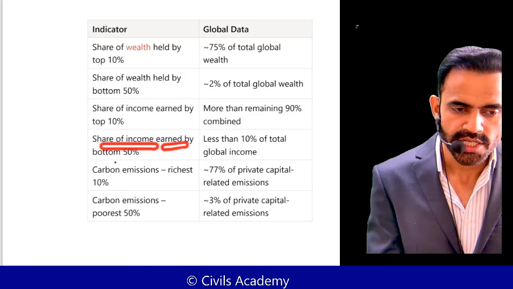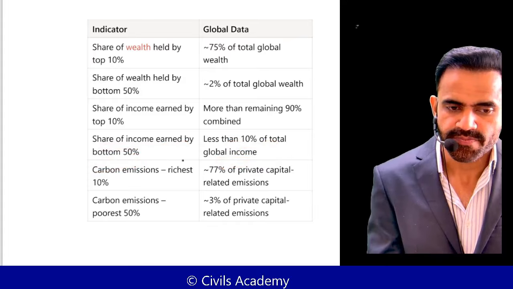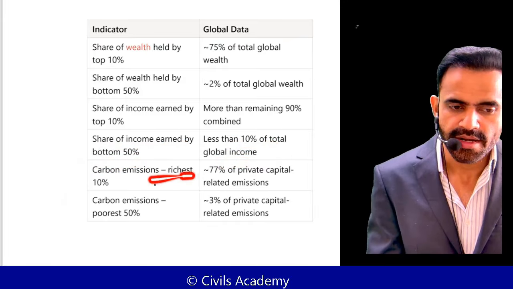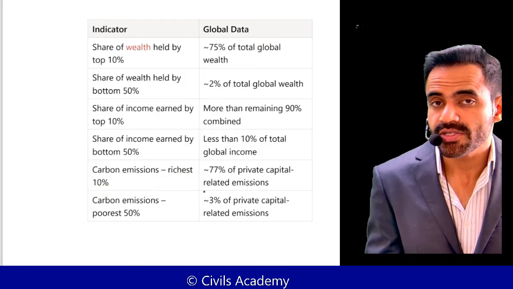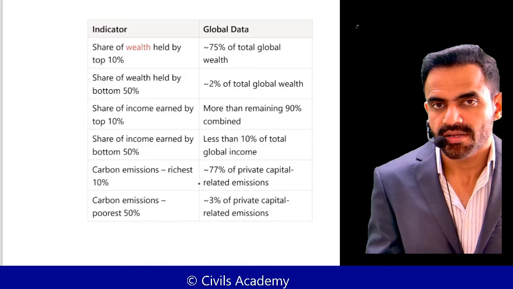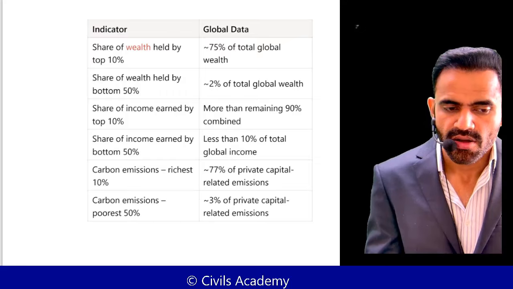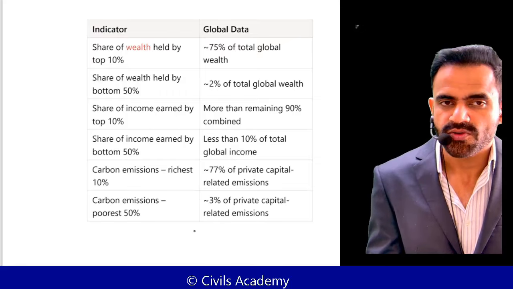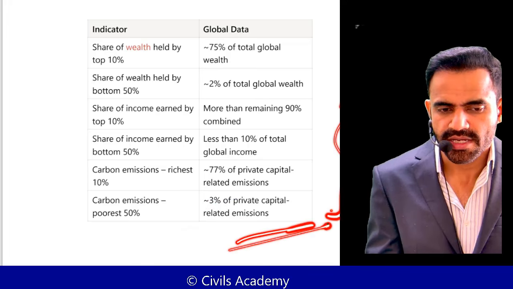The share of income earned by the bottom 50% is less than 10%. And related to carbon emissions, the top 10% richest emit 77% of private capital related emissions. For example, they have private jets, air conditioners, vehicles. On the other hand, the poorest 50% emit only 3%. So you can use this data to reflect inequality.